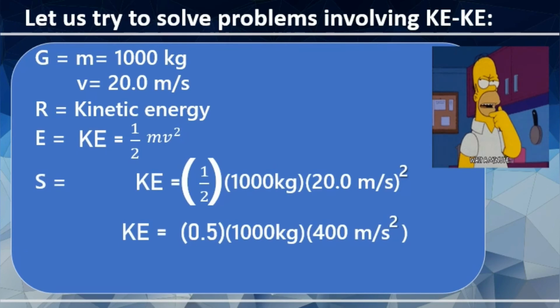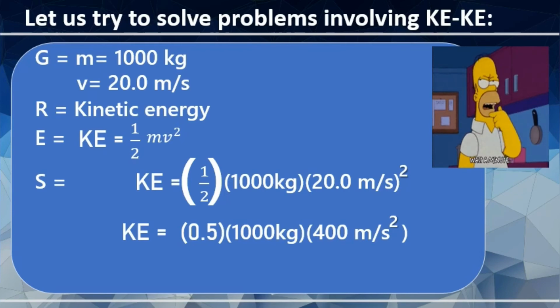Solution. So, let us have this. First is substitute all the given. KE equals 1/2 times 1,000 kilogram for mass and 20.0 meter per second for velocity. So you are going to square it.